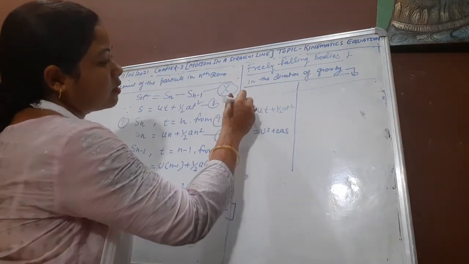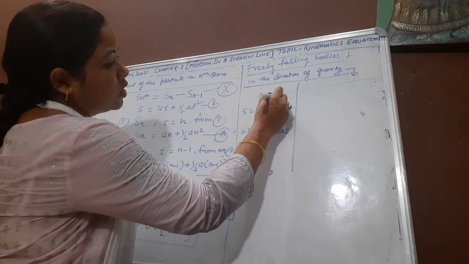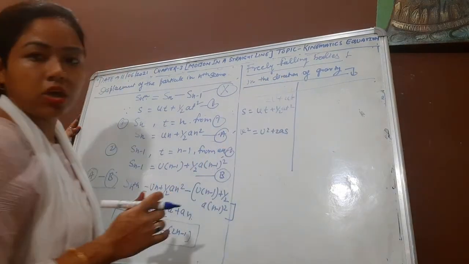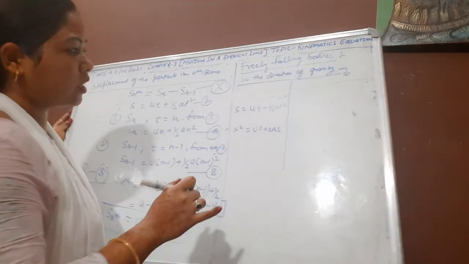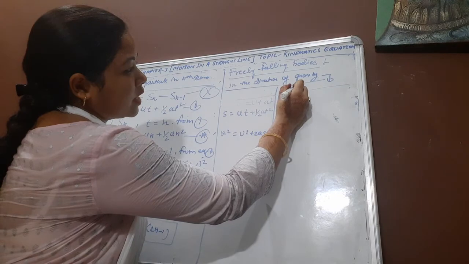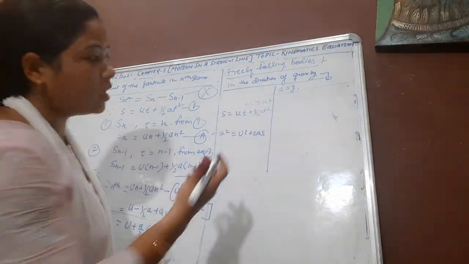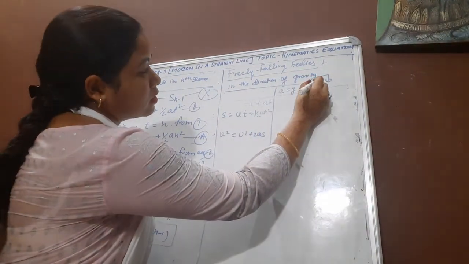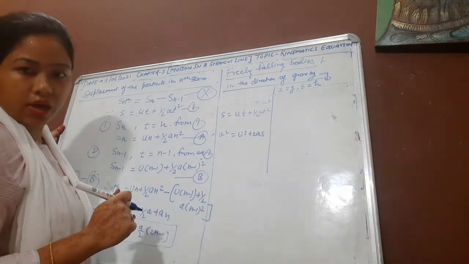So we have general equations, and the very first equation is v equals to u plus at, right? So what changes are we going to make here? First, the acceleration a will be converted into g, and this horizontal distance will be converted into the height, right?